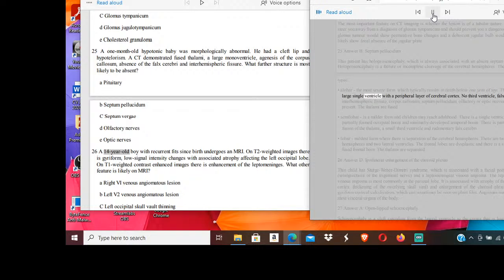There is a large single ventricle with a peripheral layer of cerebral cortex. No third ventricle, falx cerebri, interhemispheric fissure, corpus callosum, septum pellucidum, olfactory, or optic nerves are present.